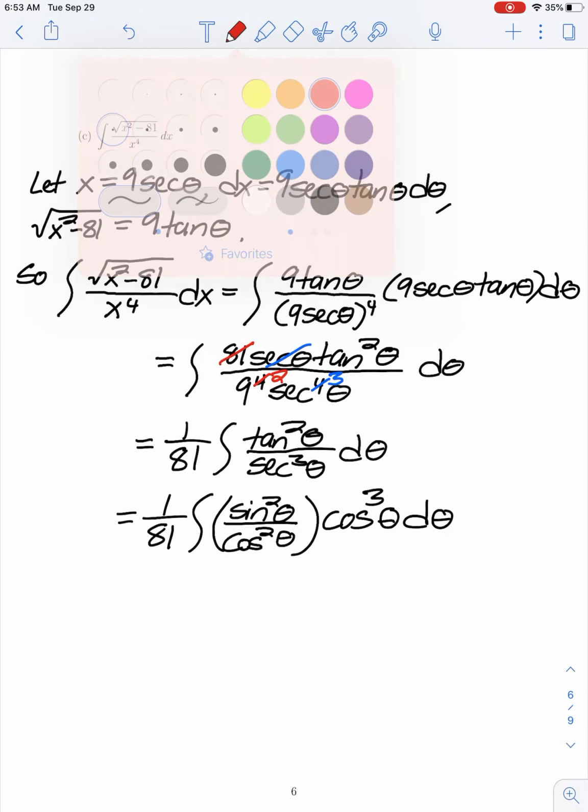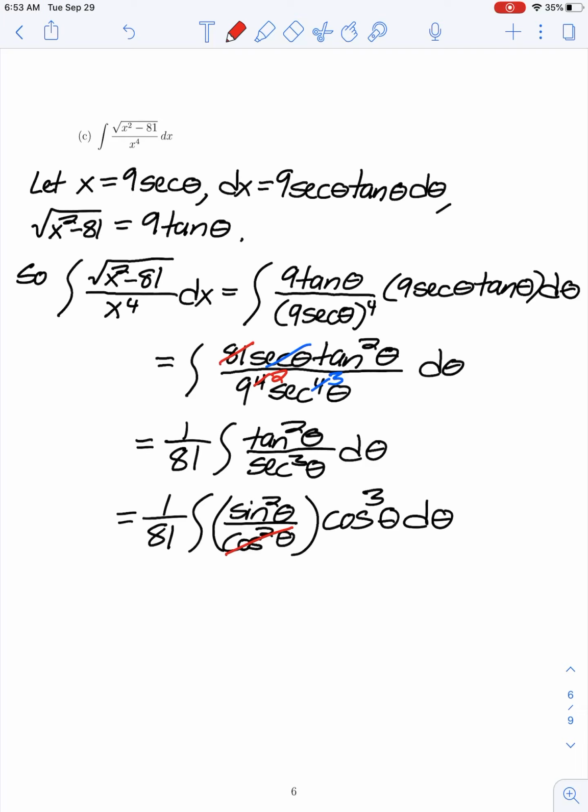And now we can cancel 2 powers of cosine theta, and we're left with 1 over 81 times the integral of sine squared theta cosine theta d theta.